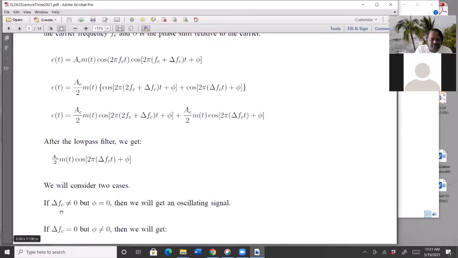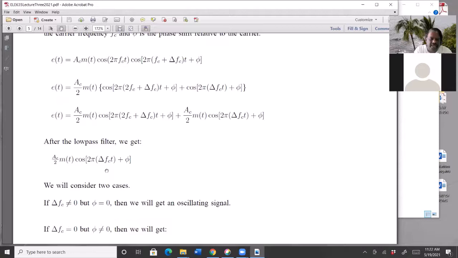Let us consider two cases where delta Fc is not 0 but phi is 0. So if phi is 0, you get your message signal multiplied by cosine 2 pi delta Fc t. But remember, let's also assume the drift is constant, like it is producing, let us say, 10 kilohertz higher.